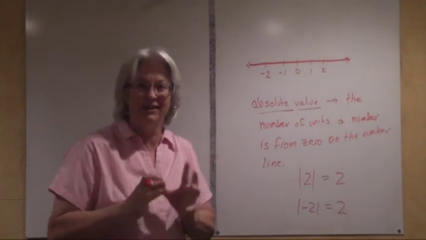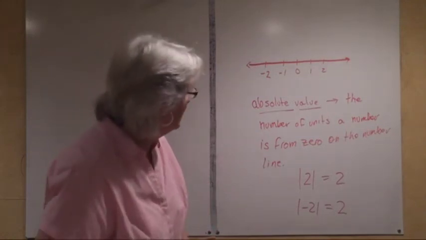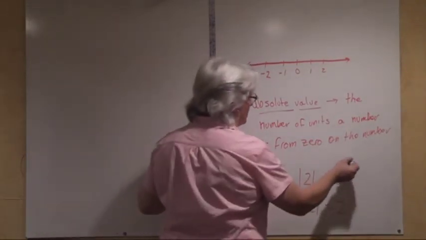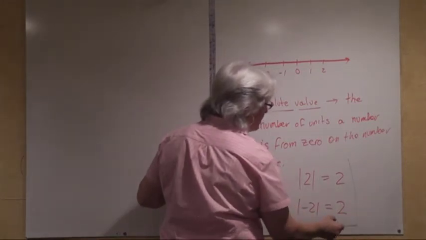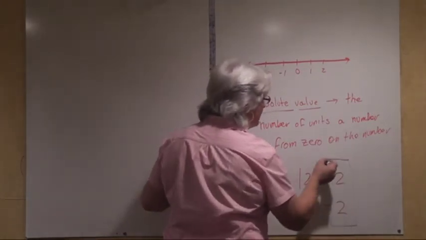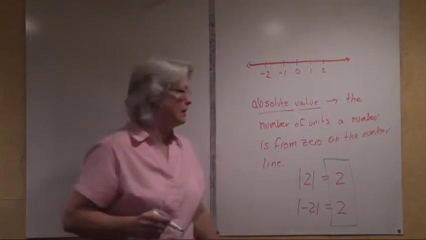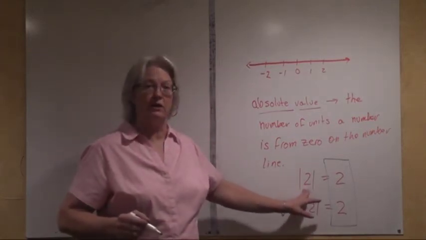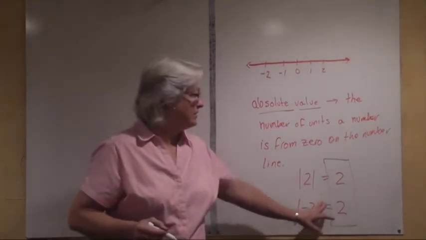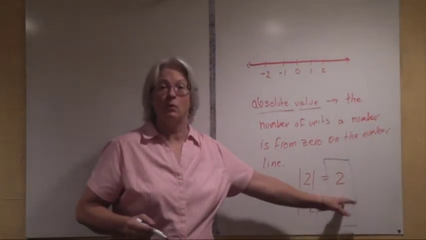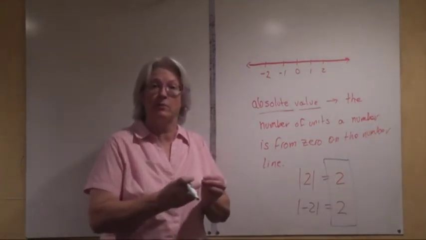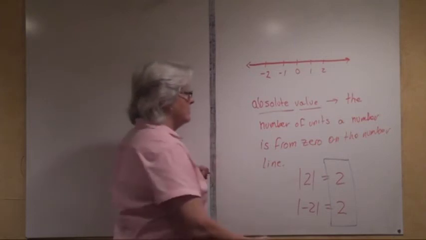They're just giving you a tiny little bit more of the theory behind it, because you've been working with absolute value for a while in class now. Whether your number is positive or negative, absolute value is always positive because it's talking about a distance that you traveled.